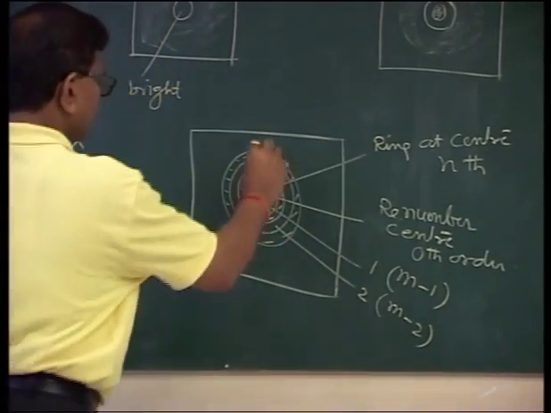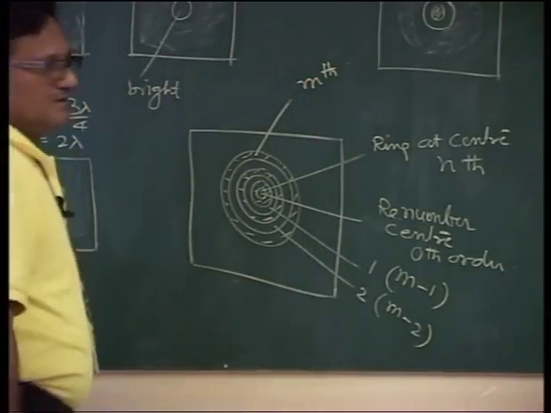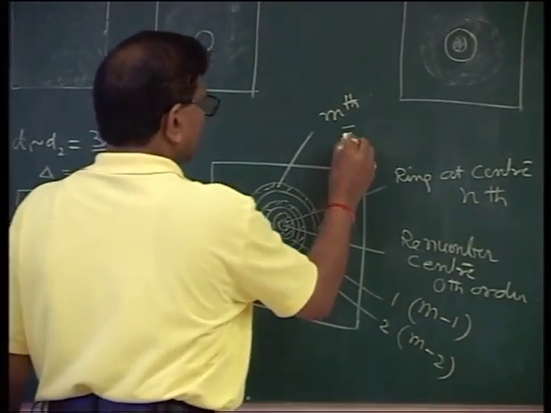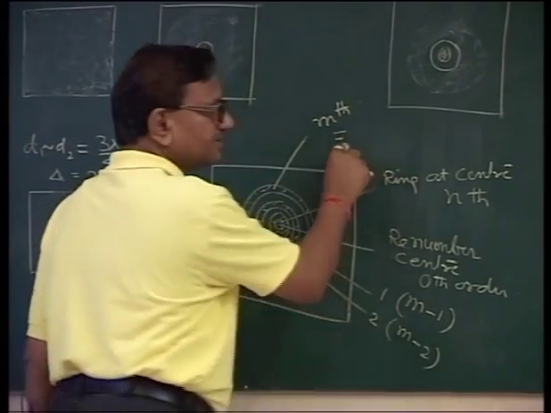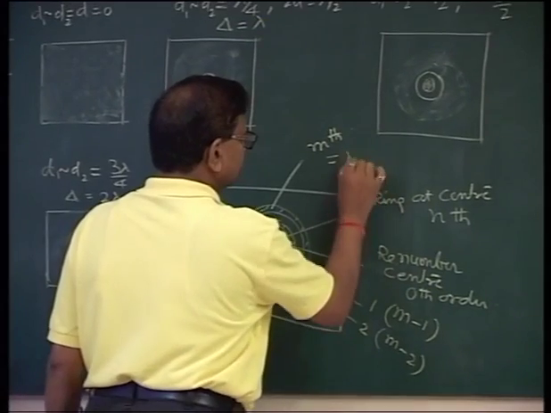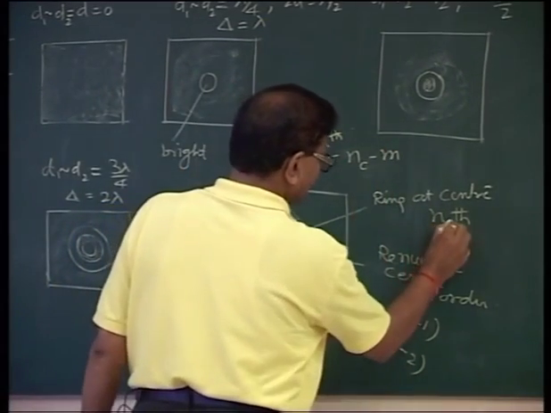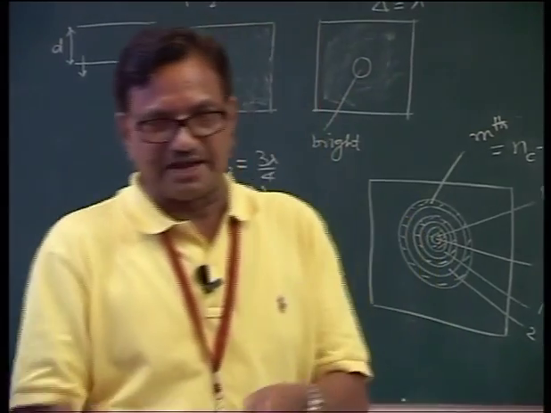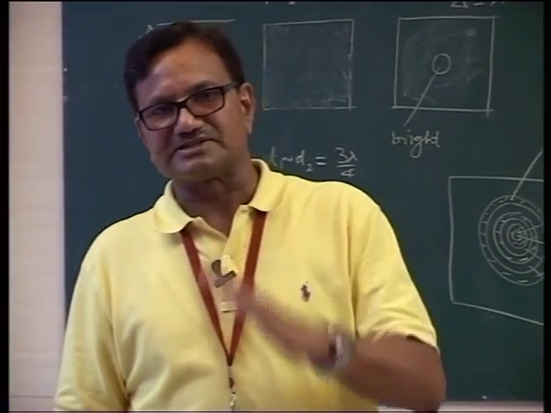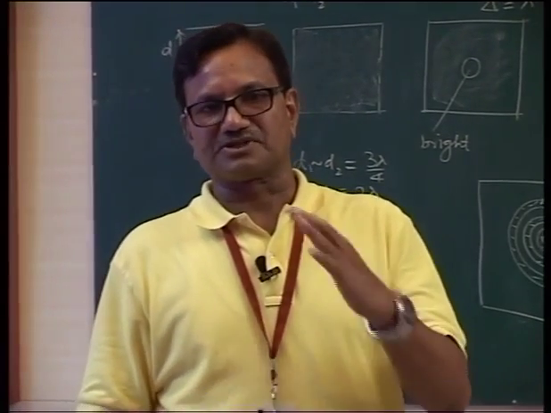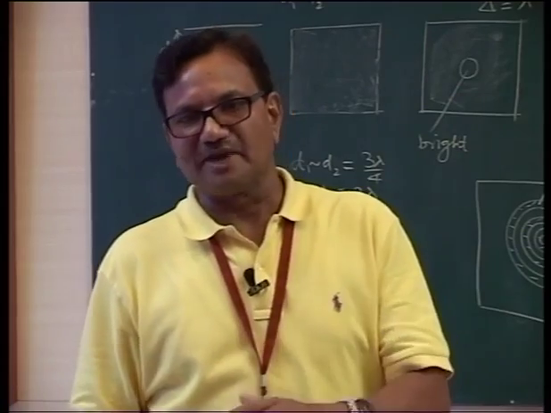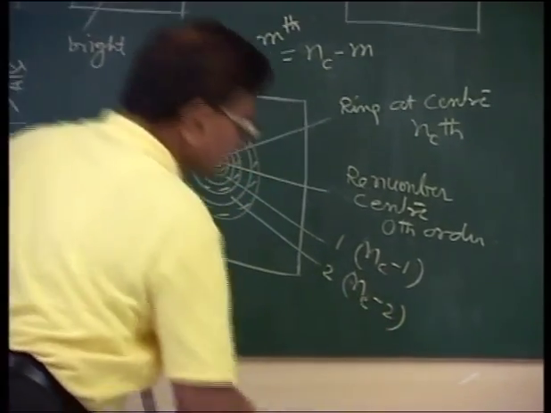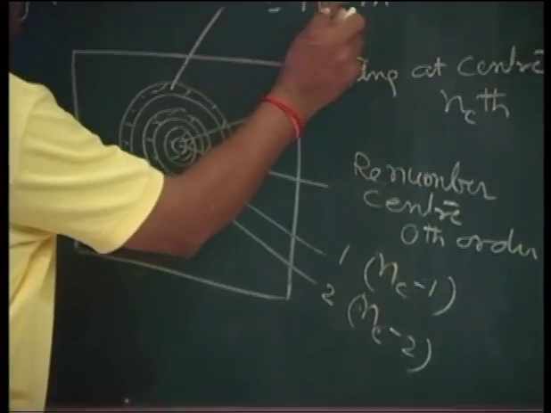Now we can count, say we call this the mth ring. The ring at the center we called nc. Now that we have renamed the ring at the center as the 0 order ring, the first ring will be nc minus 1, the next ring will be nc minus 2, and the mth ring will be nc minus m.